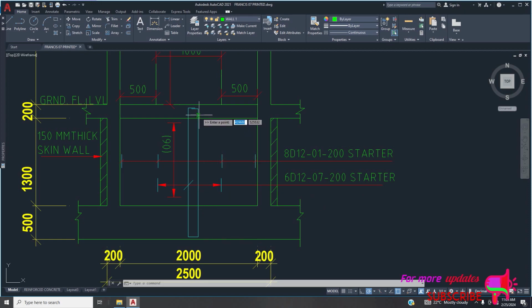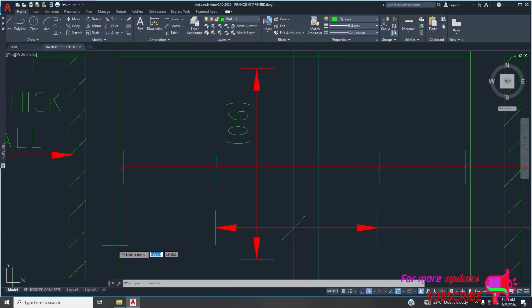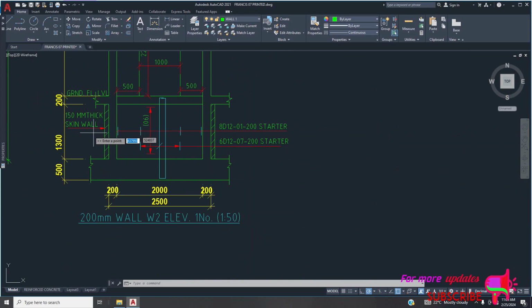This already indicates there is the near face and the far face, all right, the inner side and the outer side, because it's a 200 millimeter thick wall. So basically it means if you are facing this one, now this one will be here, and then the return, and then this one. Now this one is the near face, this one is the far face, right?